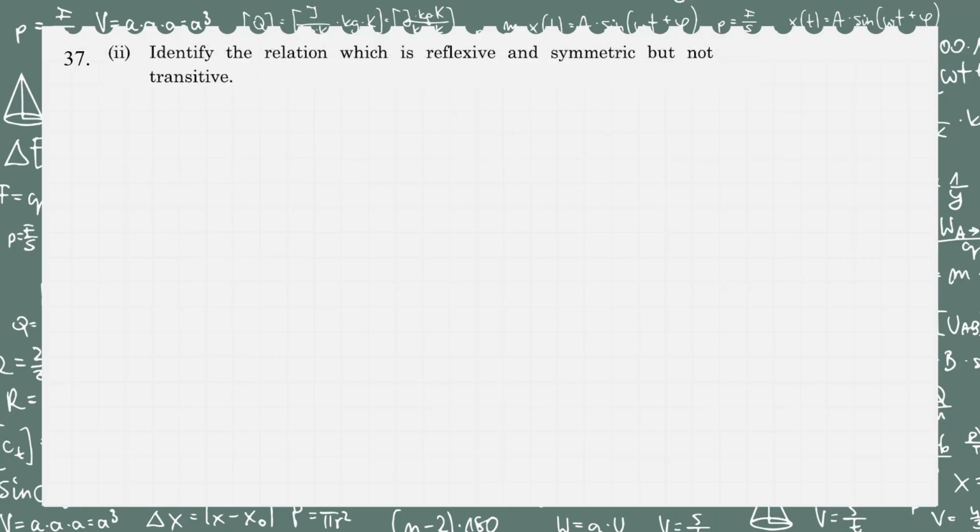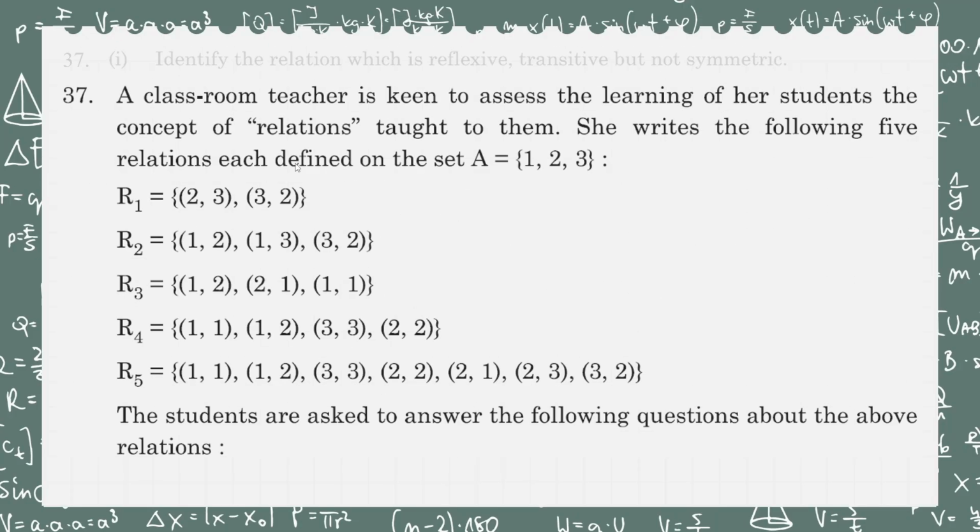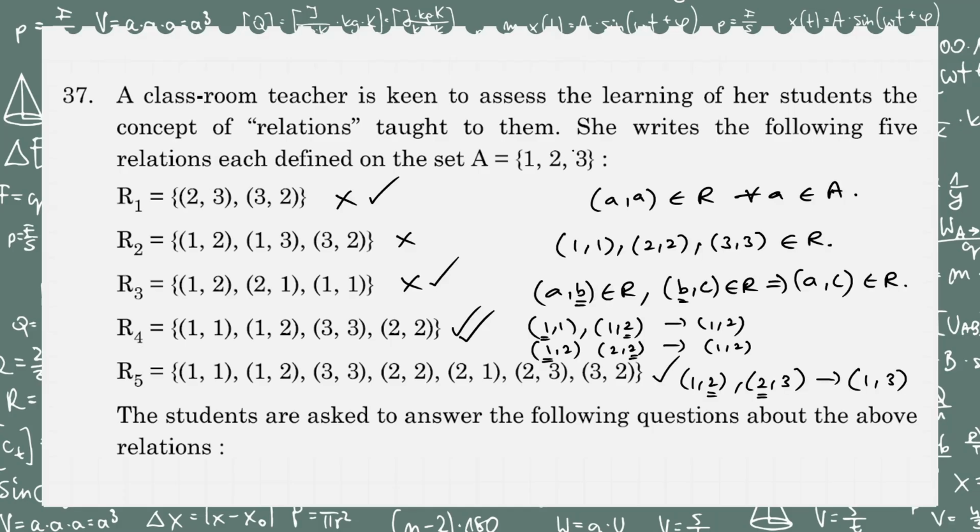Reflexive property is not obeyed by R1. It's very clear because 1, 1, 2, 2, 3, 3, nothing is there in R1. So we can say reflexivity is not there in R1. Same way, transitive property also not there. Why? Because 2, 3, 3, 2 are there, but 2, 2 is missing there. So R1 is not obeying transitive property, that we have to mention.